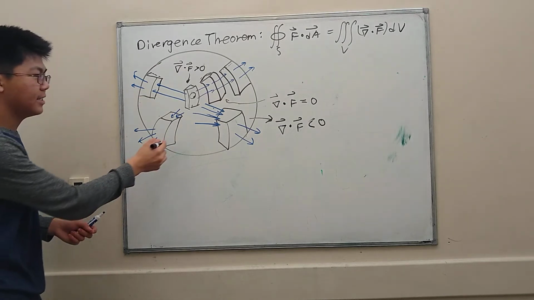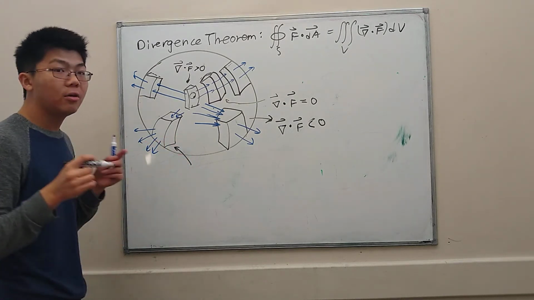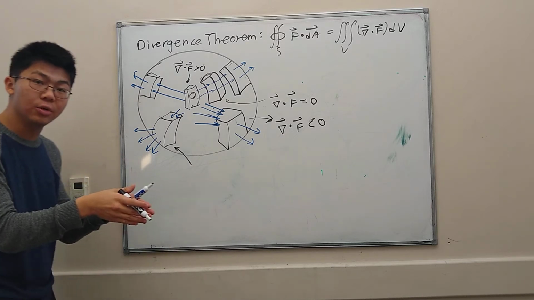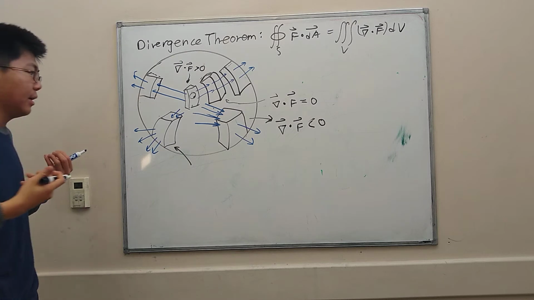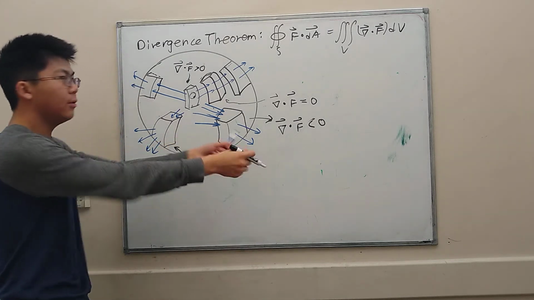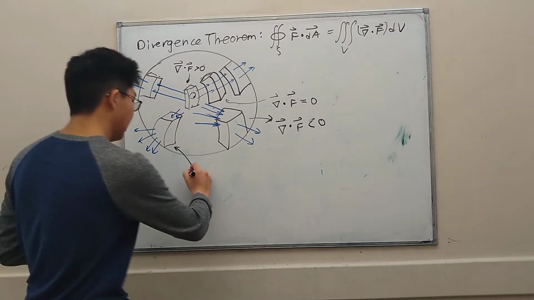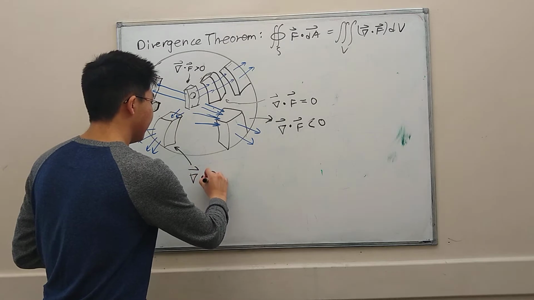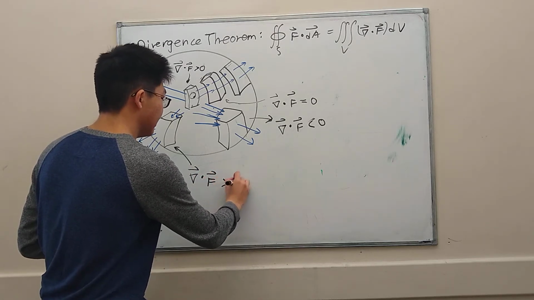In the fourth case here, there are only 2 arrows going into the cube, but there are 4 arrows going out of the cube. That means the net flow into the cube is much less than the net flow out of the cube. So, the divergence of the field here is greater than 0.